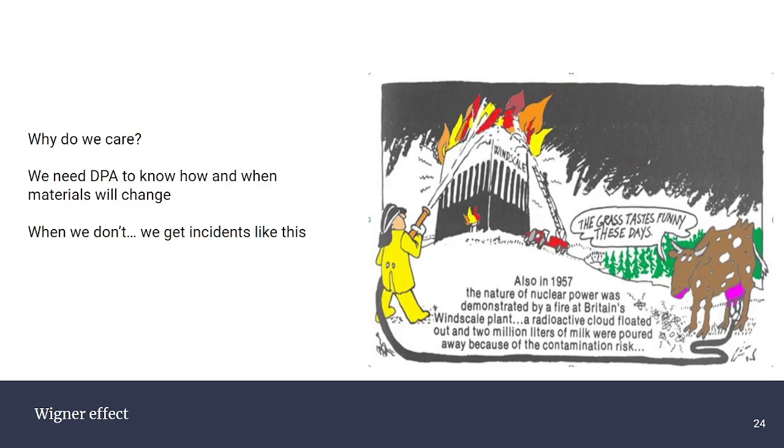Our graphite, since it is our neutron moderator, is obviously going to be exposed to very high fluxes of neutrons and energy. And the Wigner effect is the buildup of interstitial atoms in this graphite.